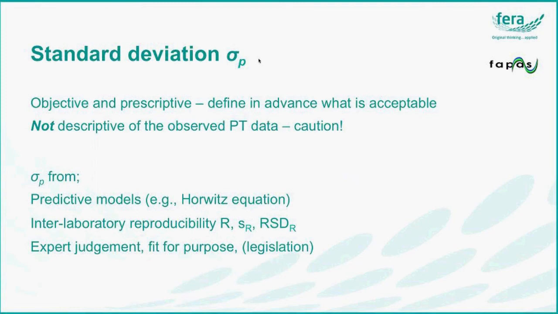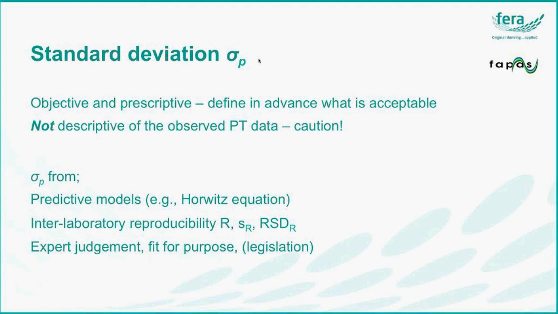The standard deviation for proficiency must be objective and it must be prescriptive. This means we must know before the PT what is going to be acceptable for the analysis in question. It's not the same as the observed standard deviation of the data.